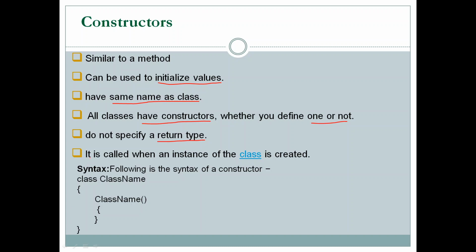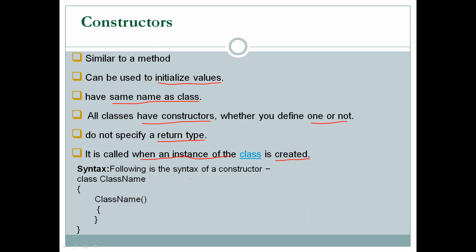Now, as we call a method by using the object or instance of a class, the constructor is called when the instance of a class is created. A method is called after creating an instance, whereas a constructor is called at the time of creating an instance of an object of a class.